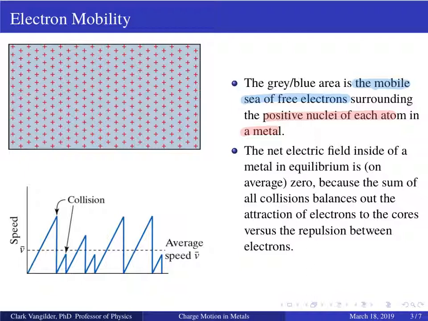There was a wave pool or something to cause that water to move, wind, you name it, something sloshing around. Well, then you'd have all that water moving around these fixed points in the metal. So this would be that previous picture smushed down to a two-dimensional thing, and you're looking at positive cores that don't move and all this electron sea that can move. It won't necessarily move, but it can move.